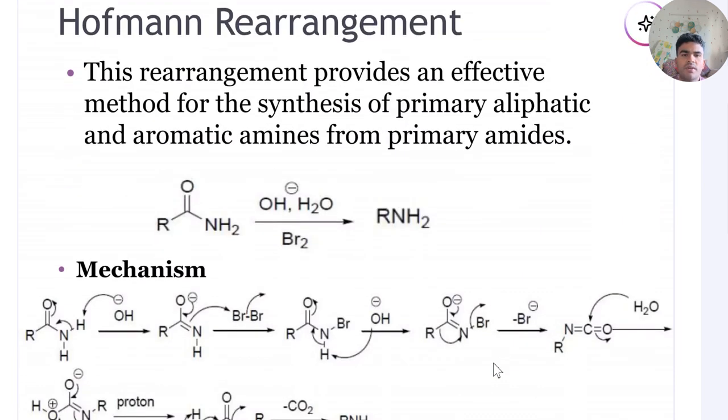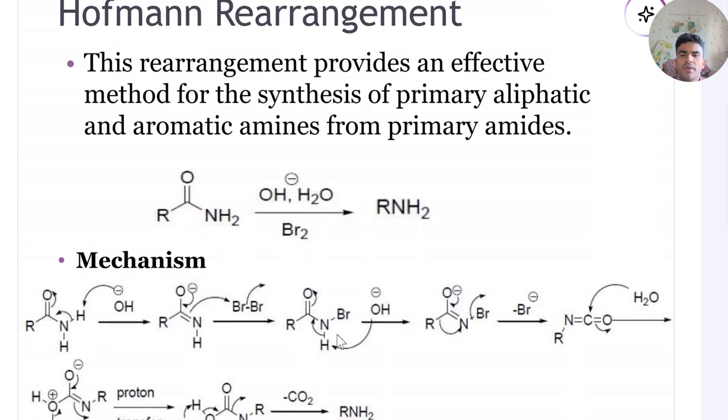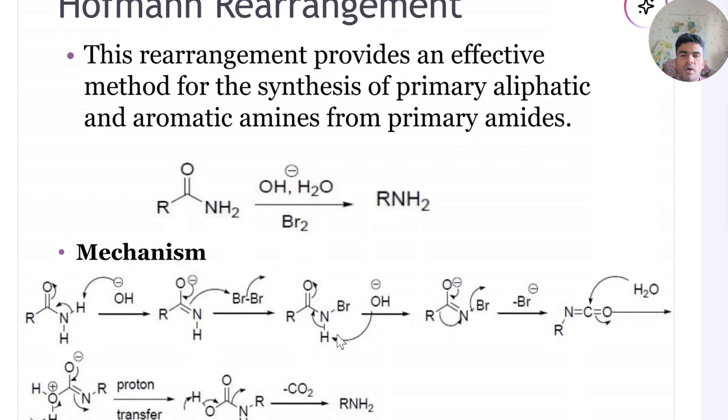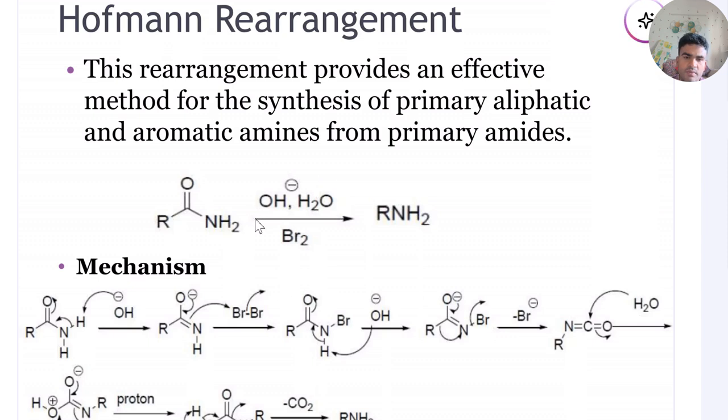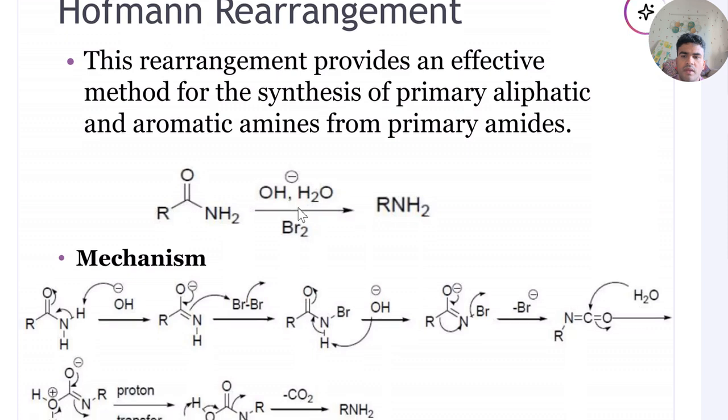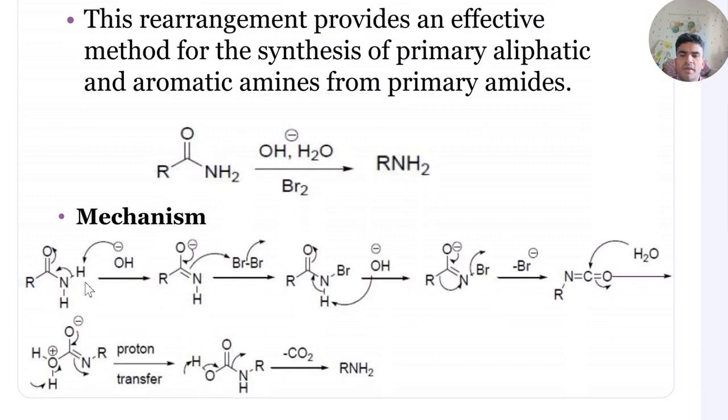Next, Hofmann rearrangement. In Hofmann rearrangement, one amide is converted into an amine in presence of Br2 and alkali, that is base. In the mechanism, the base takes one proton from the amide group, and then one substitution reaction will take place, so the N-H will be substituted by Br.